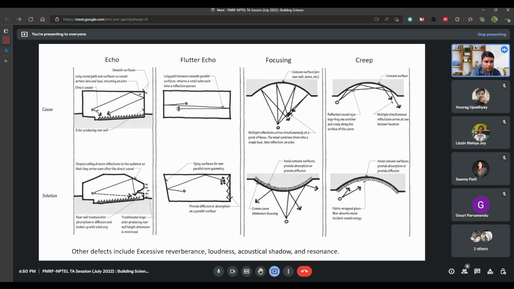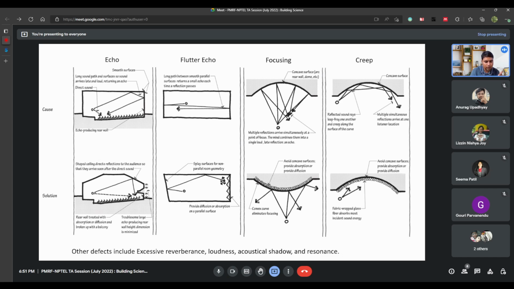Another one is the concave surface. Due to the concave surface, there is a concept called creep, which will result in unintended hearing. For example, if a sound source is being emitted, the place where the sound is finally reflected back might not be an intended place for hearing.